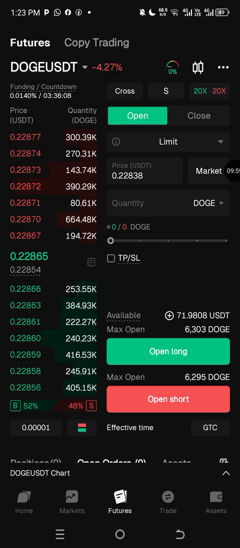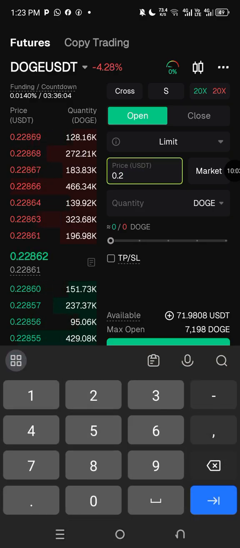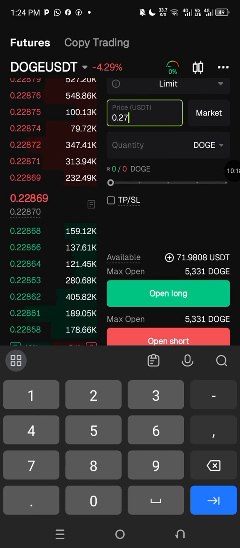So my limit price now would be a higher price when I want to sell. Let's say this is the market price 0.2863. I would say, okay, if price gets to 0.27, tag me into the trade.